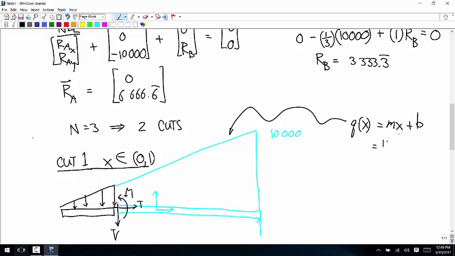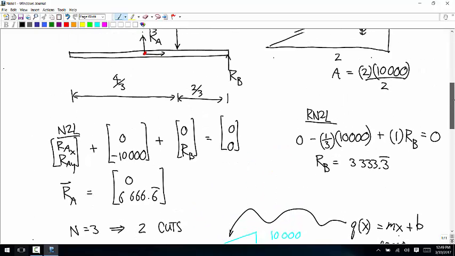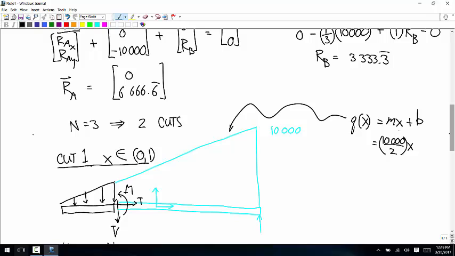So we know that it's 10,000 over 2 times x. And now we have to think of what the value of Q is when x is equal to 0. Well, x equals 0 is this point here, and the distributed load is 0 all the way at the left hand. So in this case, the y-intercept is 0.